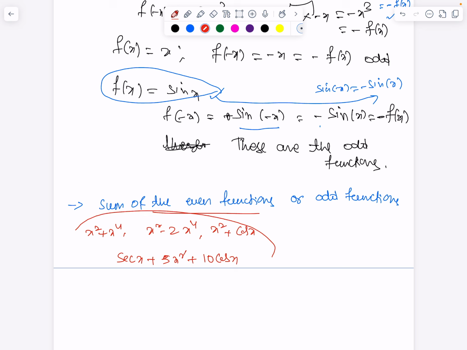All these are additions. I mean, you are applying the addition operator over these even functions, and the output is an even function.